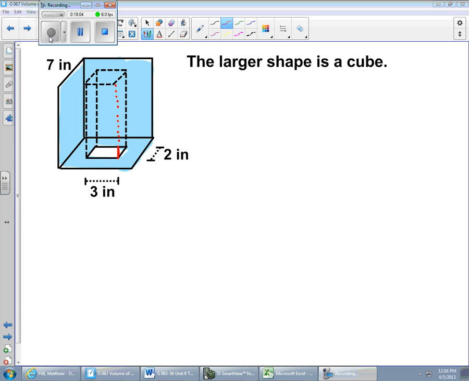Okay, so now that we know that, let's combine that information with what we said earlier on this figure. How would we describe this figure now? If the larger shape is a cube, what happens to the cube? It's missing something.